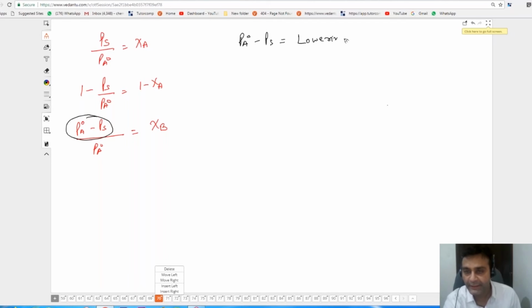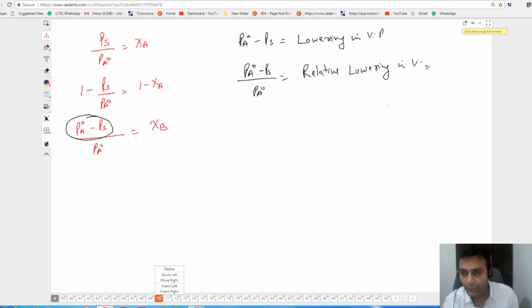So this is the lowering in vapor pressure. How much pressure has been lowered by the addition of the non-volatile solute. And now if I say PA naught minus PS upon PA naught, this is the relative lowering in vapor pressure.